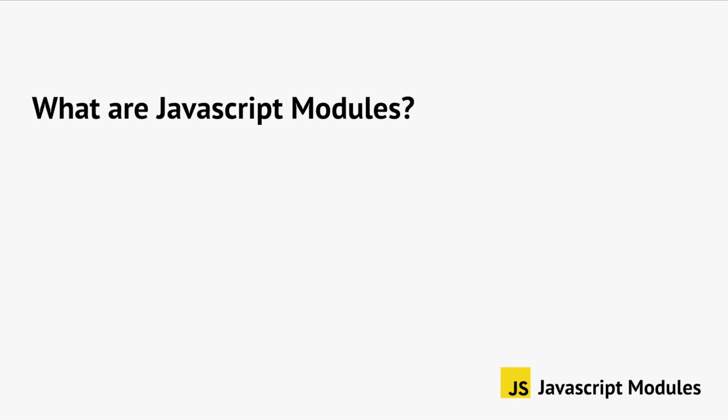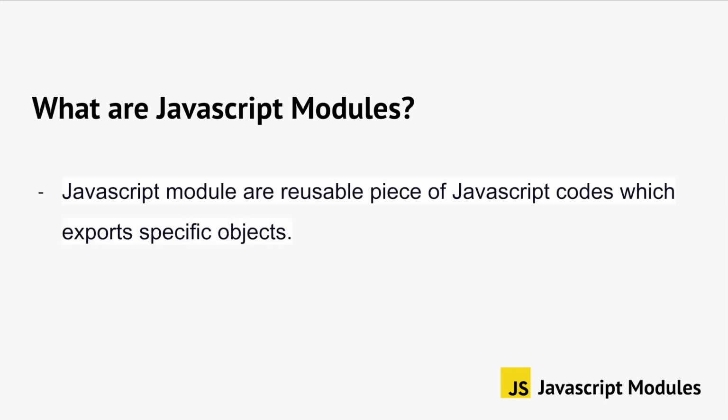So what are JavaScript modules? JavaScript modules are a reusable piece of JavaScript code which exports specific objects. So just to break this down, a JavaScript module is just a JavaScript code base broken down into smaller JavaScript files.